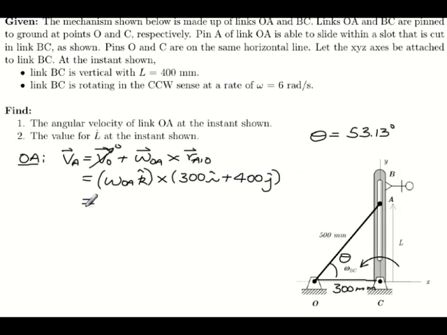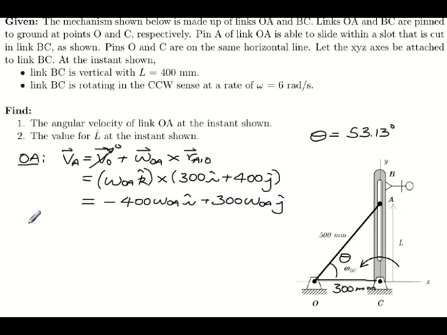We carry through that. K cross J is a minus I, so that's a minus 400 omega OA I. We get a plus 300 omega OA J. So that's the velocity analysis we have using the rigid body OA.